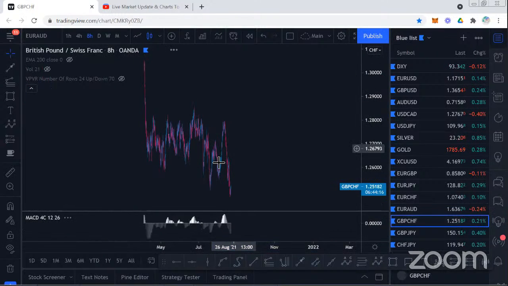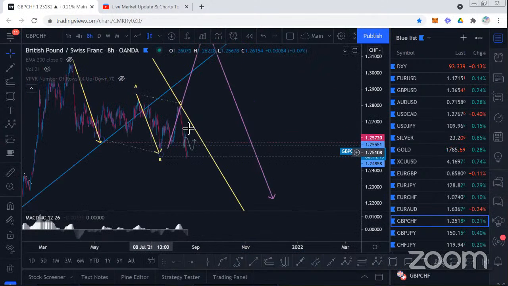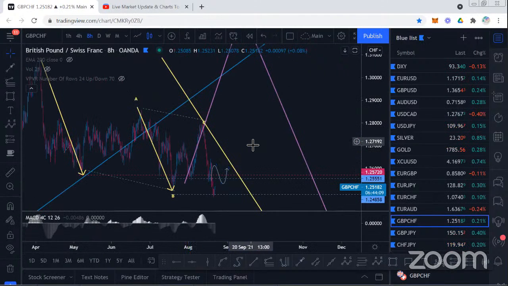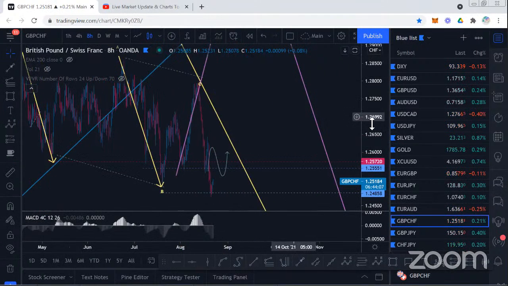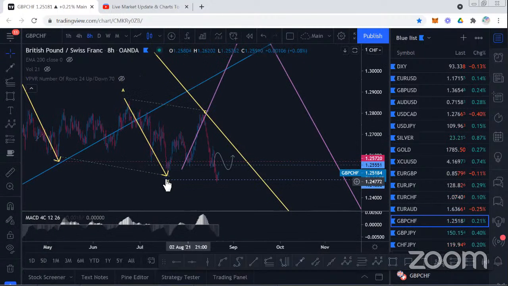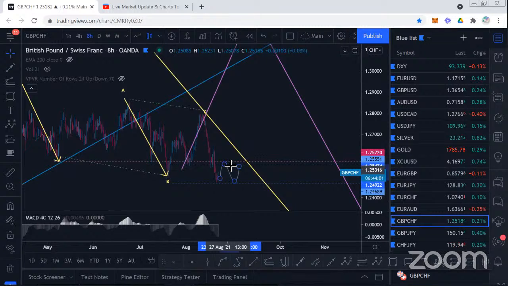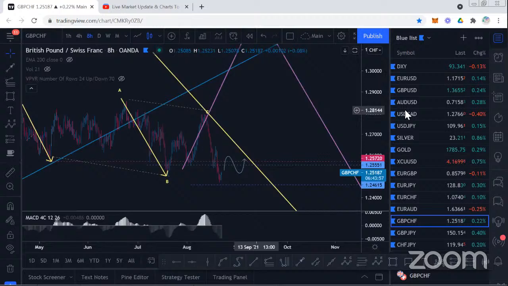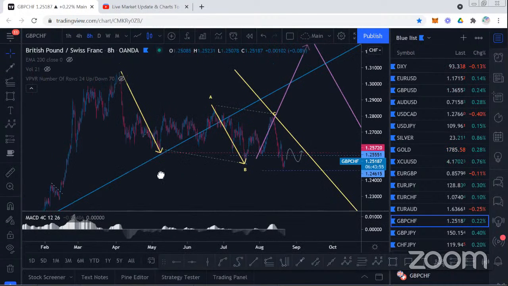Pound Swiss. We had an entry order below the lows. We were looking for a decent structure here to maybe move that into corrective structure. I did have an entry order here, but I removed it because I'd really like to see a corrective structure form first before getting into the trade, considering the size of the structure that we've seen.